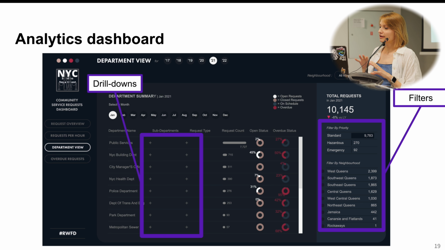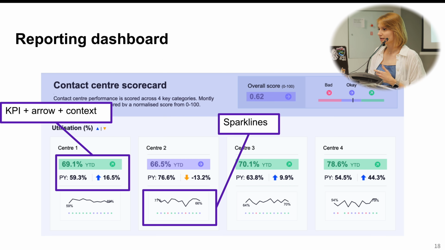At first, when you see this table, it looks like just a detailed table with some indicators, but actually it can be more detailed using these drill downs. And of course, filters, which we didn't see on the previous dashboards.